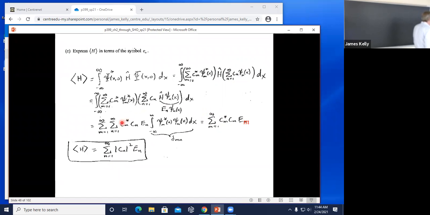And we talked about how to find those Cn's, and in this case, you can show that the expectation value of energy is the sum of the magnitude of Cn squared times En. And this is perfectly general. It doesn't have to do with any particular psi 0 or anything. This has to do with any kind of problem we could write down.